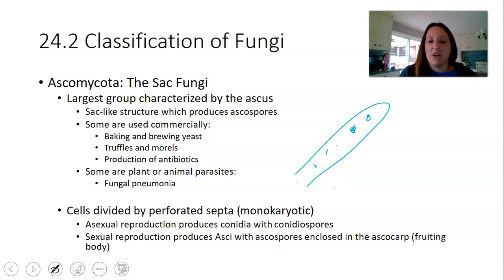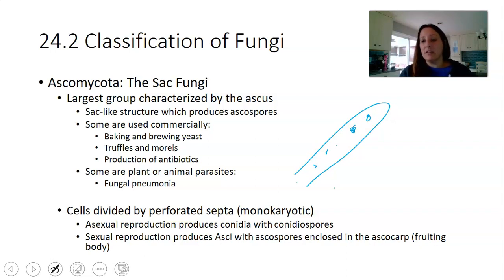So the sac-like structure is called an ascus, and those 8 spores that are produced inside of there are called ascospores. And the ascus is produced by sexual reproduction.